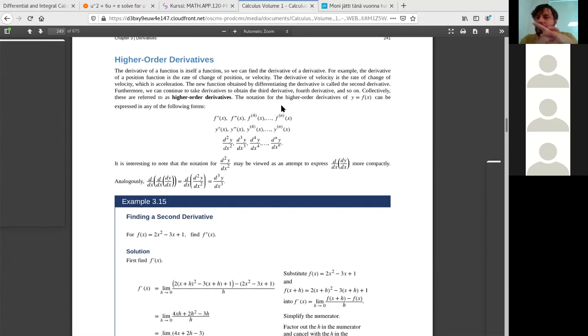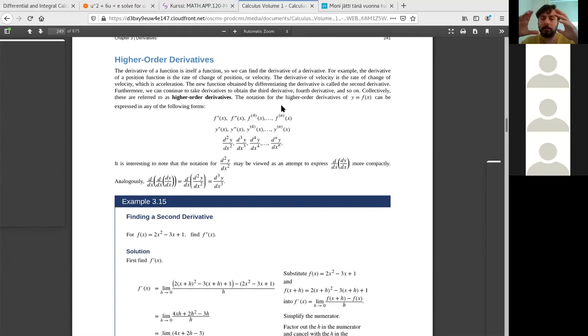Now understand that the derivative can be thought of as an operation, just like taking the negative or taking the inverse. The derivative is an operation that you can impose on a function and out comes another function. That's important, right? It's an operation on a function. So if we have f of x, we take f prime of x.